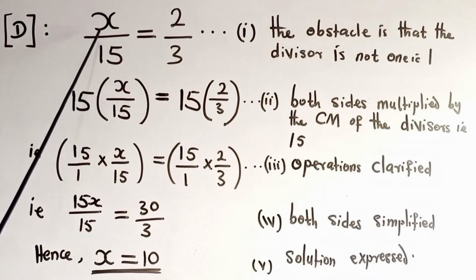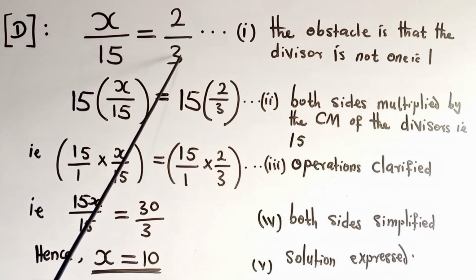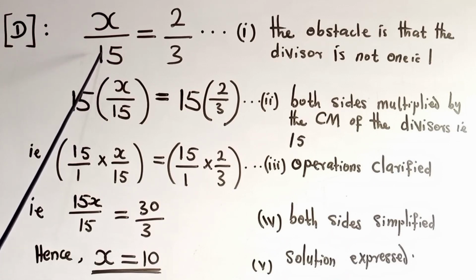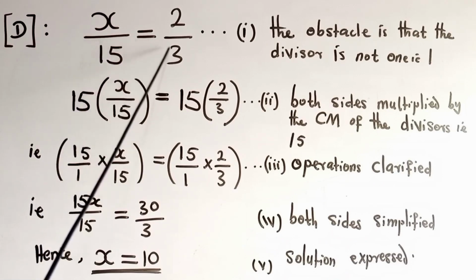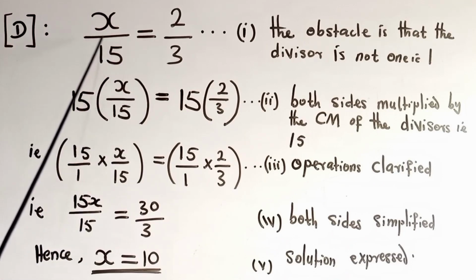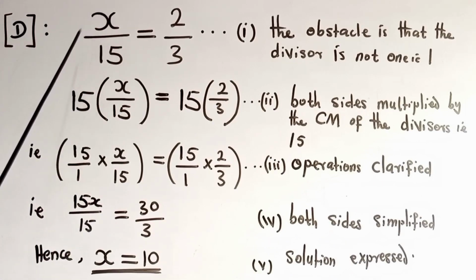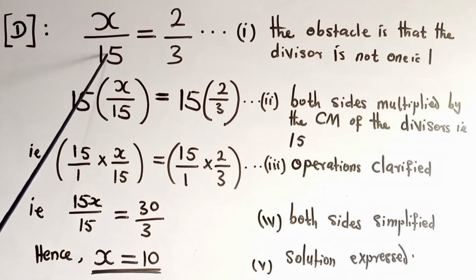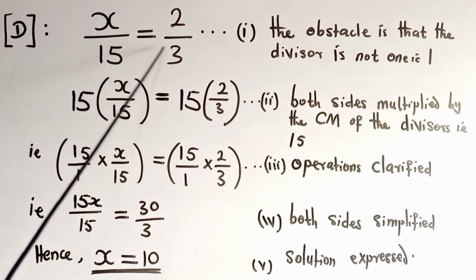Here, 15 is a divisor and 3 is also a divisor. What we should do is to look for the LCM of 15 and 3, or any other CM of 15 and 3. If we are looking for the LCM, 15 can serve, because 15 is the LCM of 15 and 3. If we are looking for any other common multiple, 30, 45 and 75 can all serve.